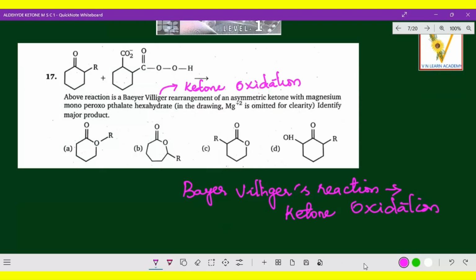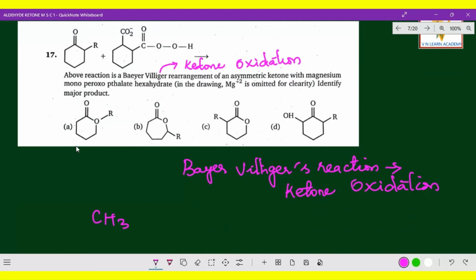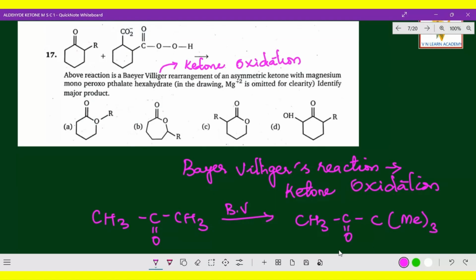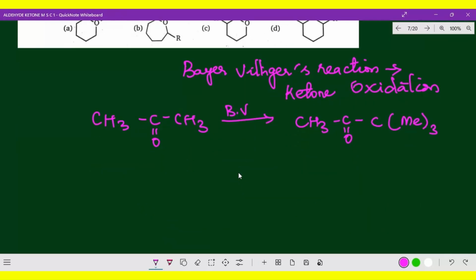For example, here I give this example: CH3 C double bond O CH3. With the Baeyer-Villiger reaction you will get CH3 C double bond O, then O, then CH3. So this is the product you will get, and this is a per acid group. In the Baeyer-Villiger reaction, it is per acid.